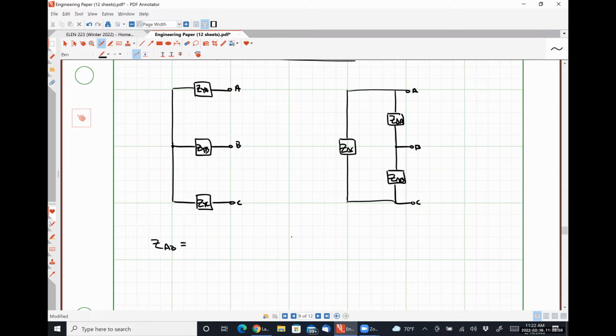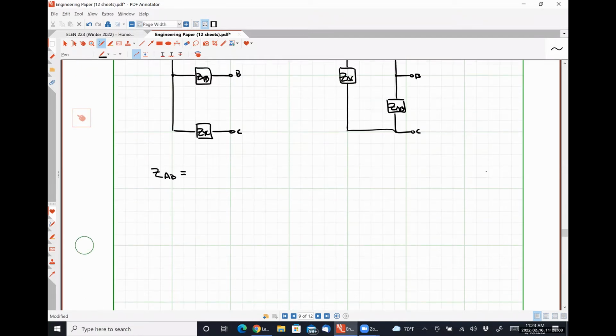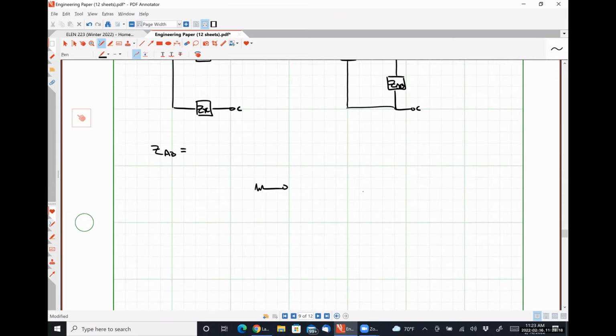Which two? Exactly right. So just to be clear here, we have a network. Let's treat it as if they were resistors. Let's call this guy A. Let's call this guy B. This is terminal C, so this would be RC, RA, and RB.